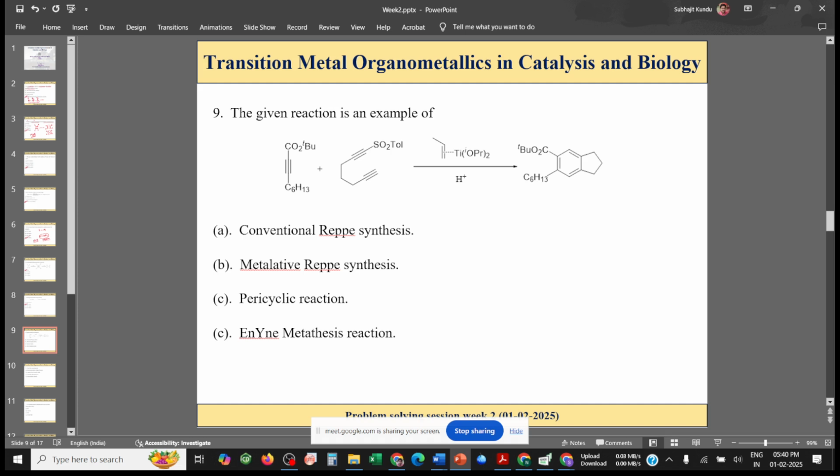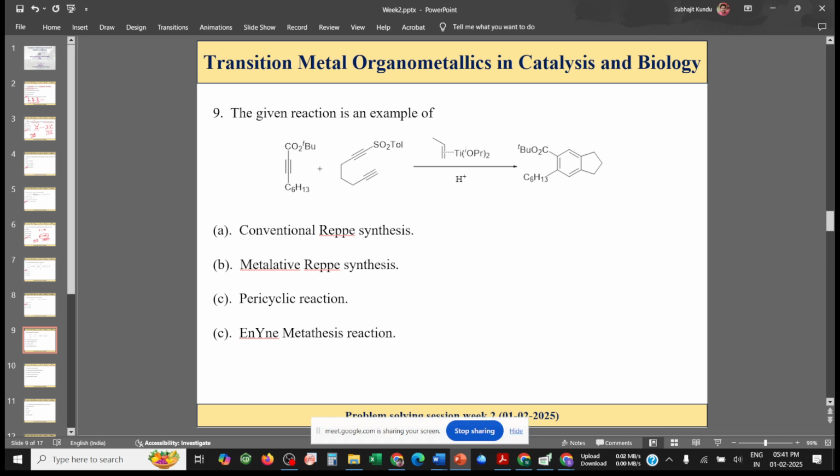That's why here also I mixed all the questions so that you get a flavor of the exam. So when you are thinking of the metathesis reaction, I switch the question to the previous topic, that is Reppe synthesis.